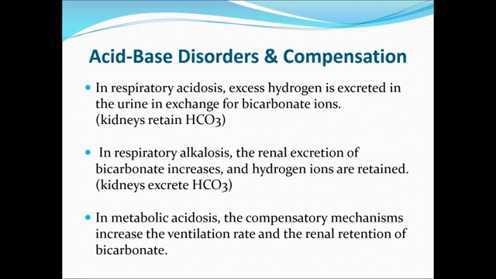But if you remember from foundations, the kidneys do this, but it takes them a while to get going. You're not going to really see the beginnings of compensation typically for at least 24 hours. So what will happen in a patient who has respiratory acidosis is the kidneys will retain bicarbonate in the body rather than excreting it in the urine to try to balance that out.